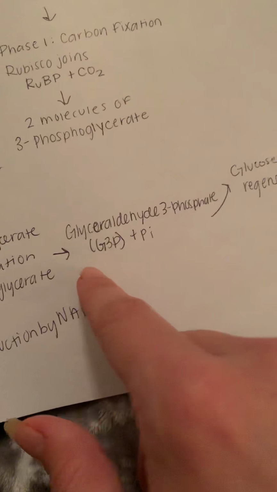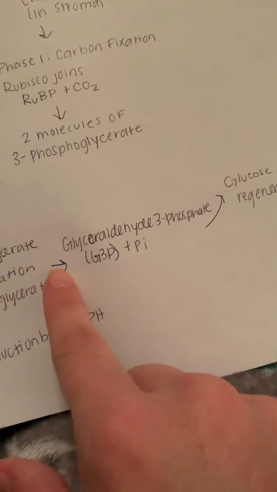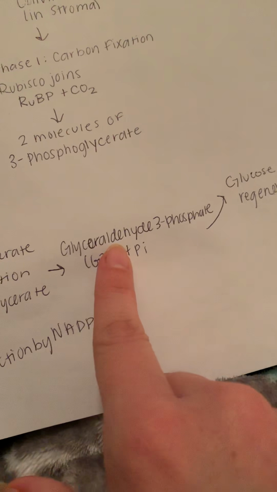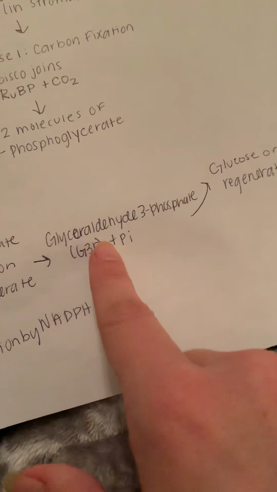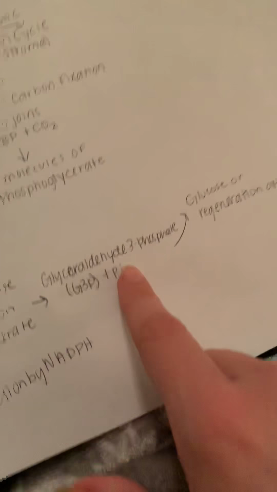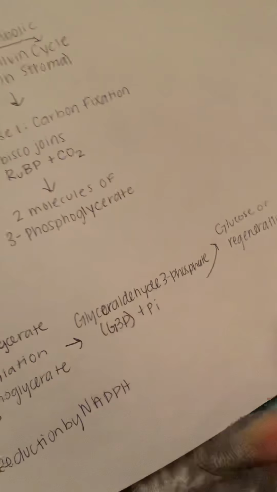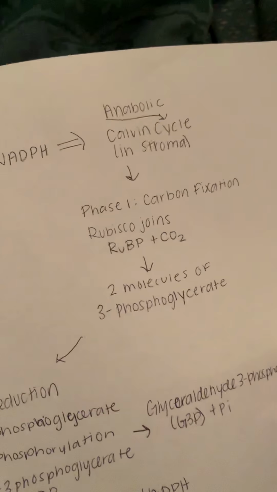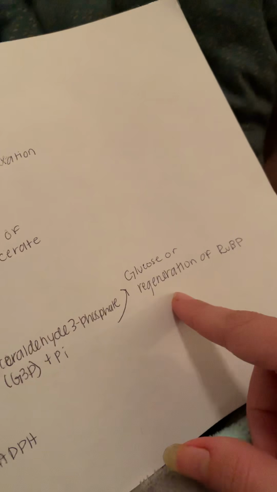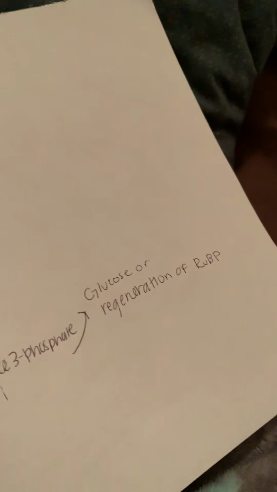Then from here, we go to the glyceraldehyde 3-phosphate, or G3P, plus phosphorus, and we get glucose, or regeneration of RuBP.